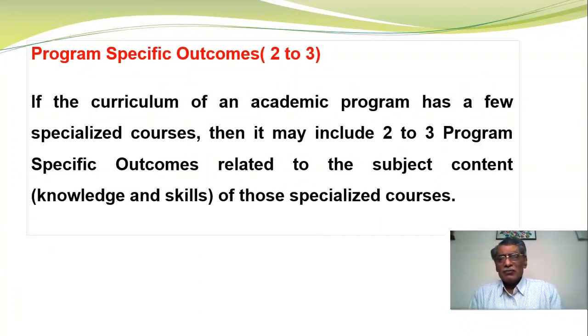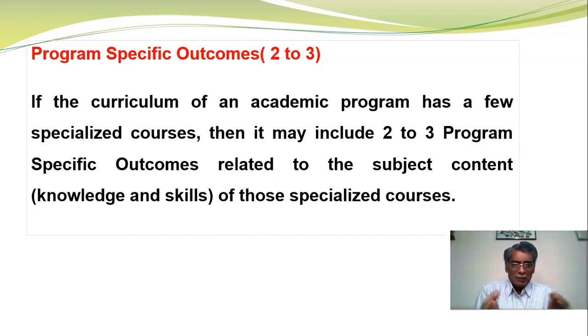Now then, what are these program specific outcomes? If the curriculum of an academic program has a few specialized courses, then it may include 2 to 3 program specific outcomes related to the subject content, knowledge and skills of those specialized courses.